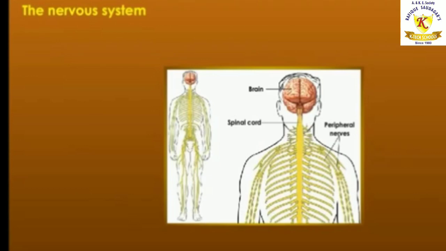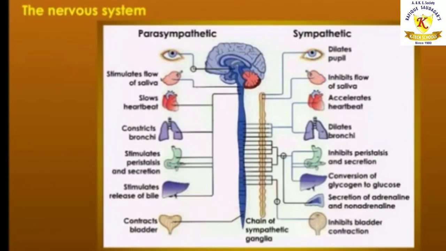The peripheral nervous system consists of nerves arising from the brain and the spinal cord. The autonomic nervous system is made up of special collection of nerve cells and nerves which control the working of internal organs. So these are the three types of nervous system.